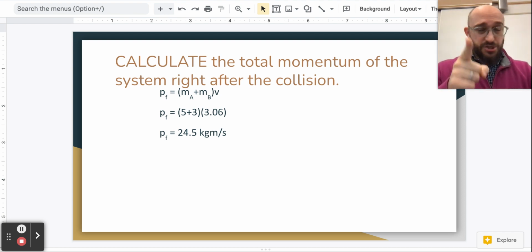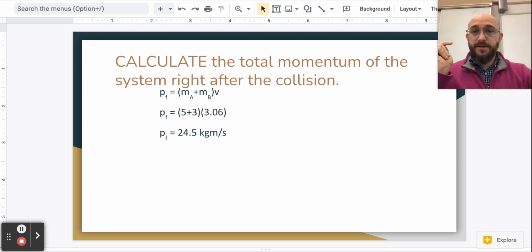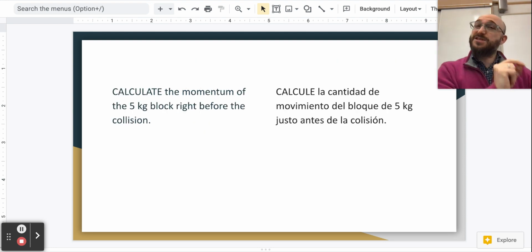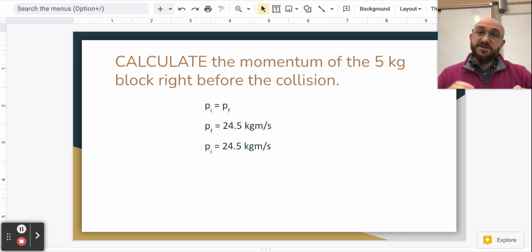Okay, here is the new bit. Here is the unit 4 bit. Can I use this to find the momentum right before the crash? Yes, because the momentum before the crash will always be equal to the momentum after the crash.